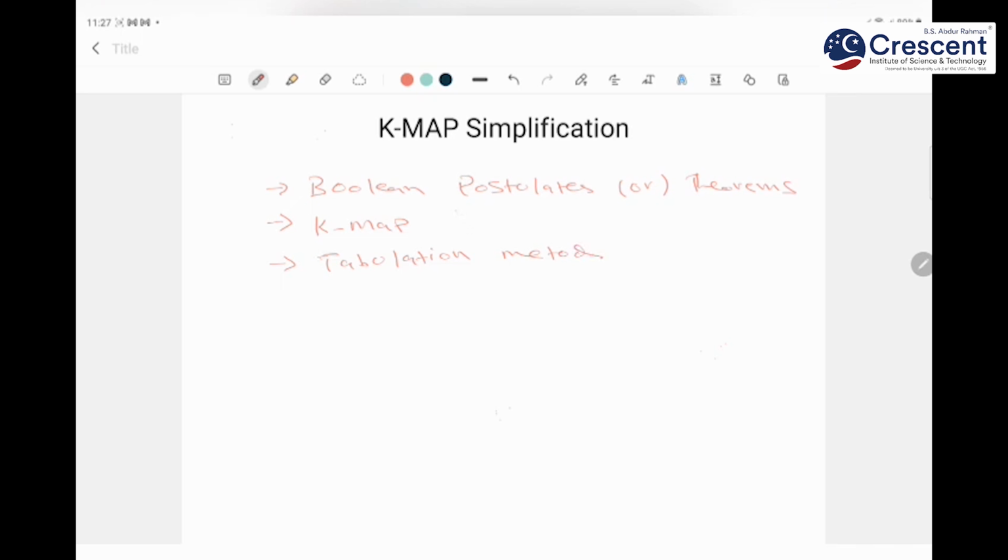This K-map is also called the Coordinate map, and the tabulation method is also called the Quine-McCluskey method.